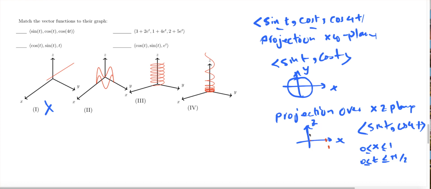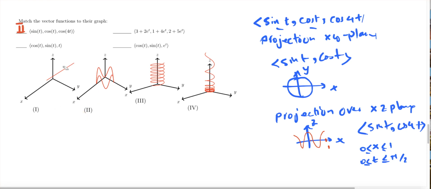So it's going to go up, down, up. And x also goes to the negative side, so we will have that also. And so far, the only one that looks like that is going to be this one. You can try the YZ plane and you get the same result as this. Now, this was 2.